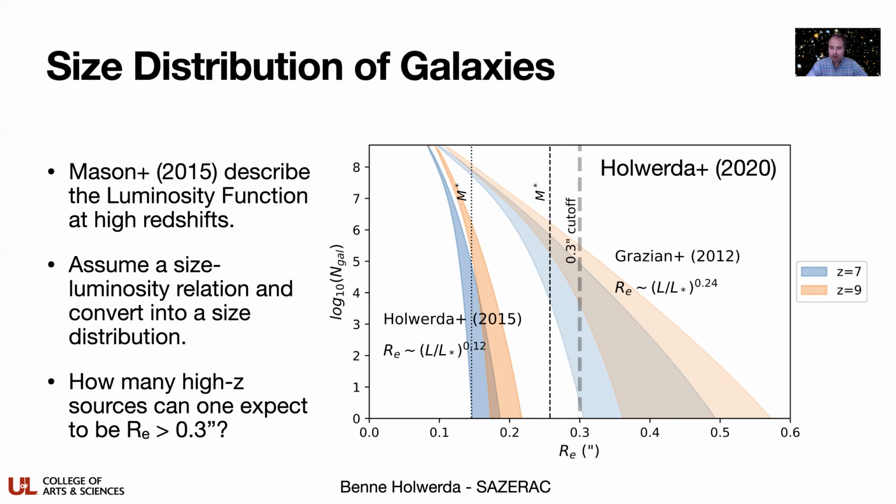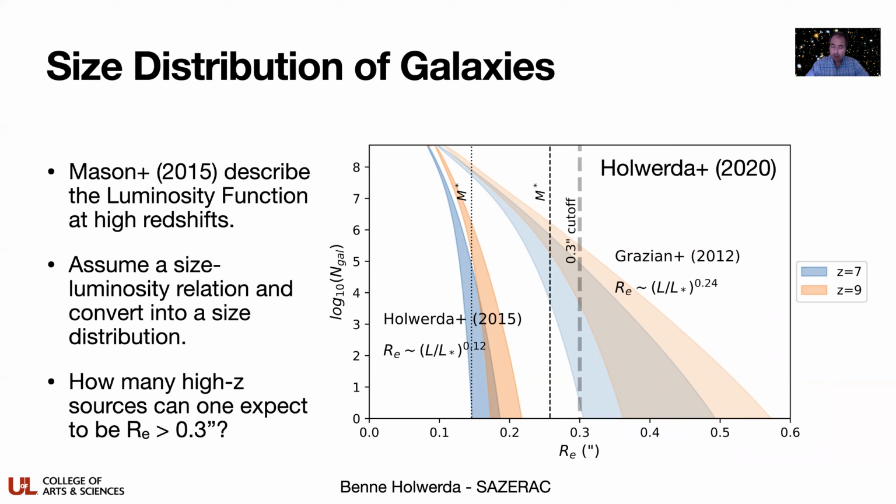They stay below 0.3 just fine, and the variance is the variance here in the luminosity function translated to the size function. So what I've done here is at the x-axis I've got the effective radius, and on the y-axis is simply all the galaxies that we have volume for at that redshift. And so if I use the Grazian size luminosity relation, there is some spillover if I go beyond 0.3 arcseconds.